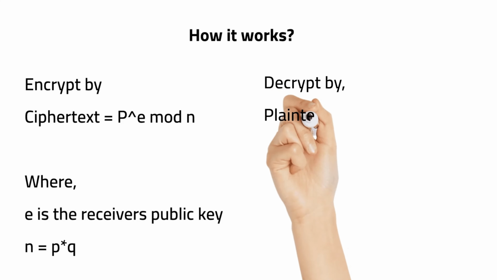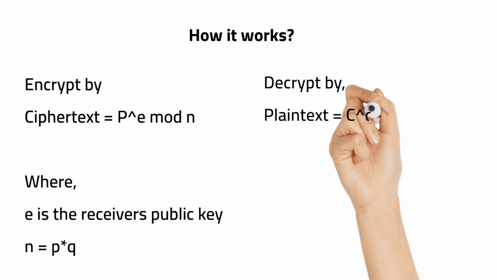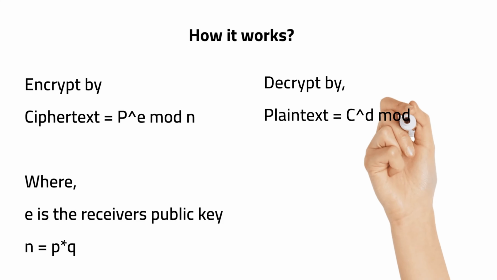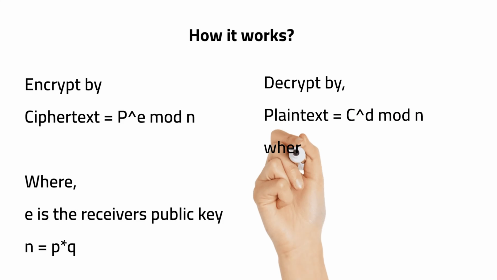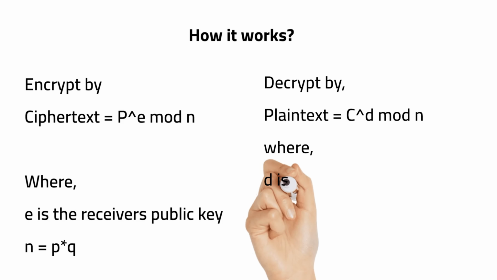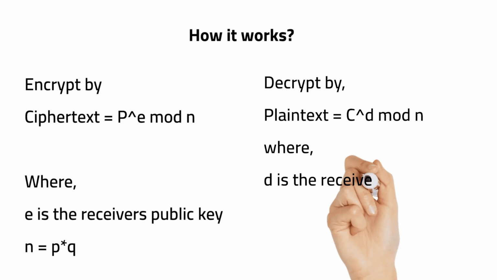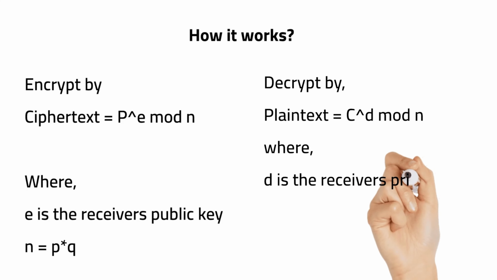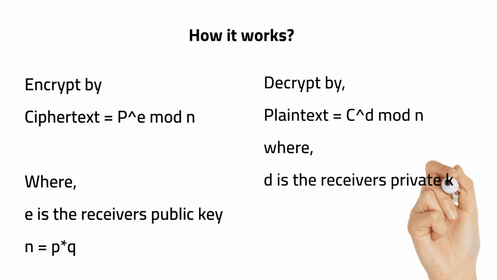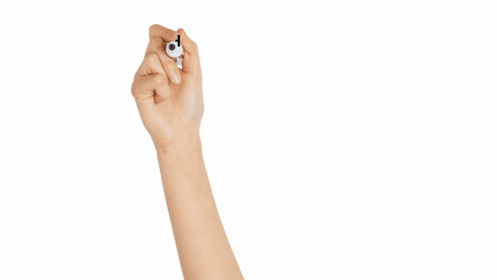Plain text is equal to ciphertext power D mod N. Here Alice is using the private key D. This is how the RSA algorithm works.